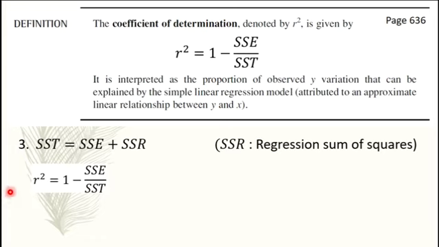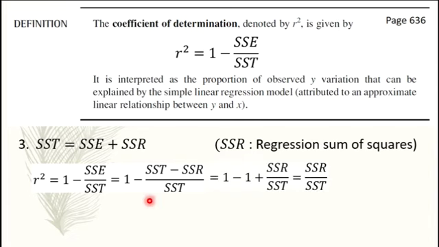Remember we said this is the definition of r squared, which is 1 minus SSE over SST. If you know that SSE is equal to SST minus SSR, so just rearrange this formula and put it in place of SSE, you would end up with SST minus SSR divided by SST. It's just substituting SSE in there. Then if you bring everything under the same denominator and simplify, you end up with SSR over SST.